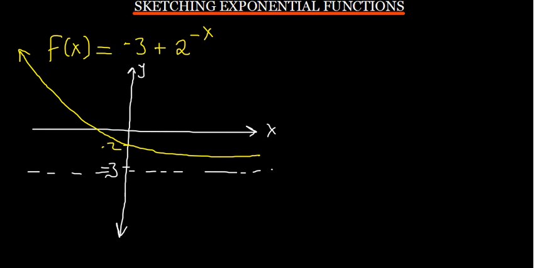So we also need to find this point where it cuts the x-axis, and that we know that y is 0. So we're going to say 0 is equal to negative 3 plus 2 to the power negative x. So this will give us 2 to the power negative x being equal to positive 3 if we take 3 the other side. And then from here, we of course can introduce a logarithm at this point, where I can say this is 1 over 2 to the power x being equal to 3. I'll cross multiply.